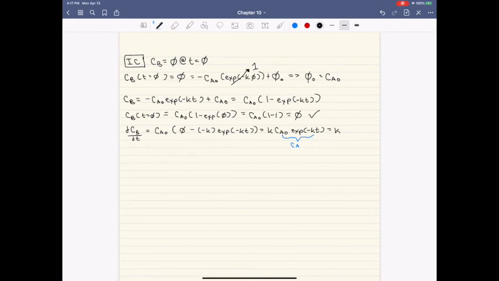So what we get back is that the derivative of Cb with respect to t gives us kCa, which satisfies the differential equation. So that gives us confidence that our Cb equation is correct. So we could say Cb is equal to this.